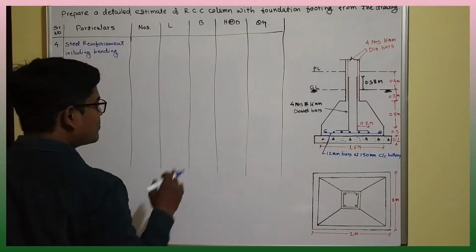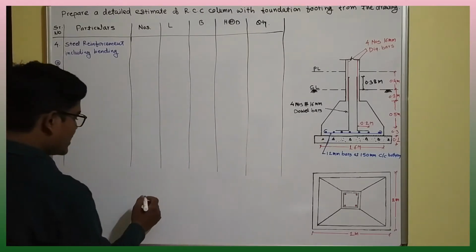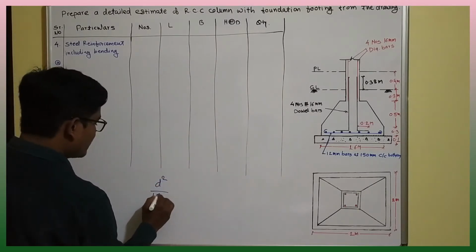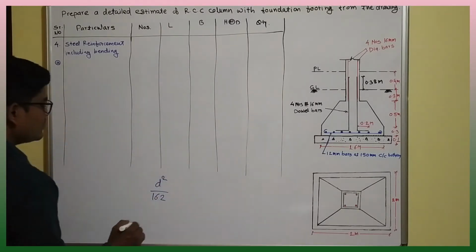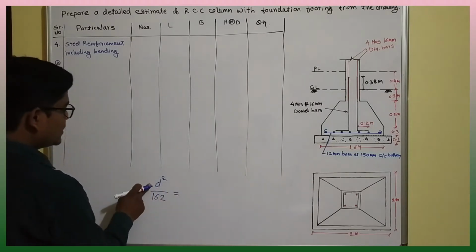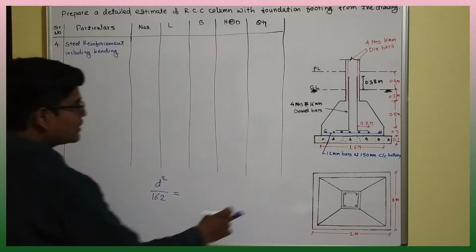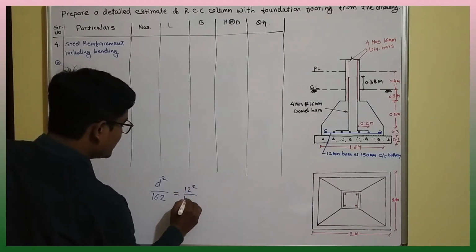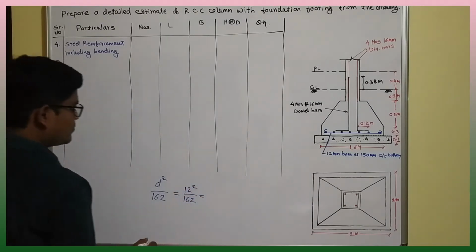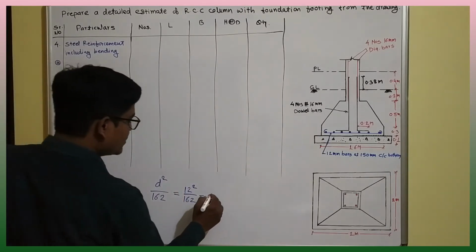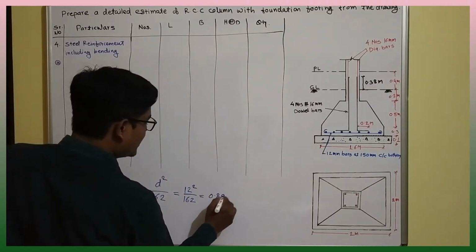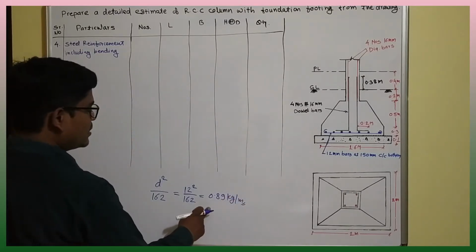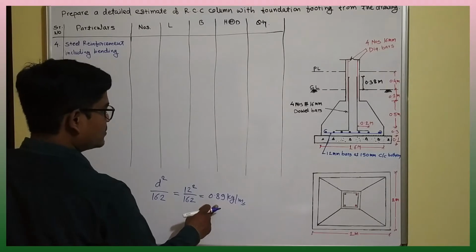One formula is there to find out the weight, that is d square by 162, where d is the diameter of steel bar, which we have to find out. So 12 square divided by 162 gives 0.89 kg per meter. So this is the weight of 12 mm bars in kg per meter.